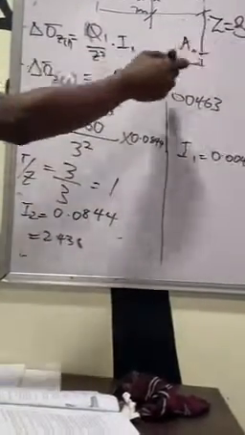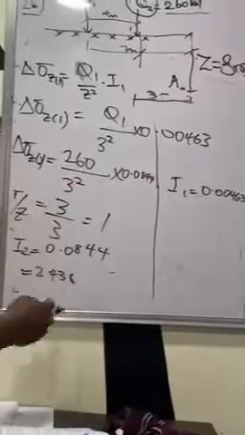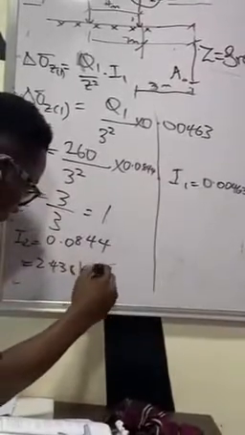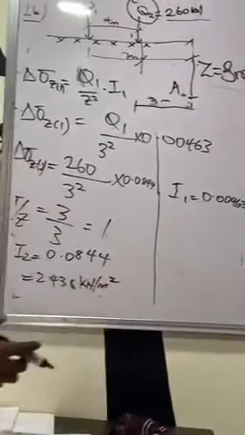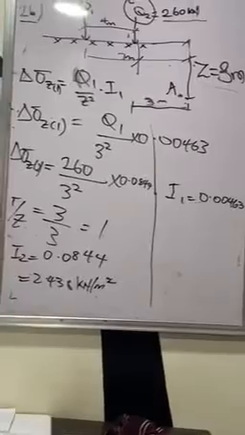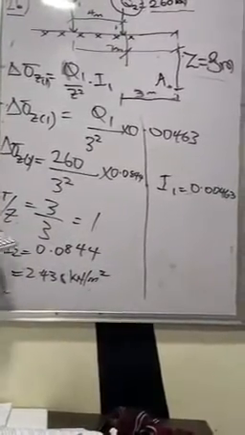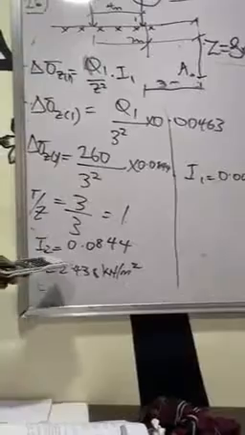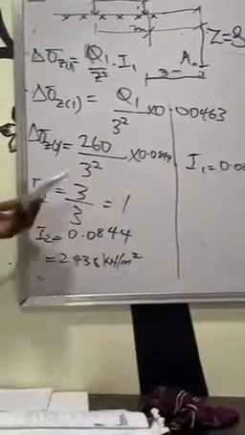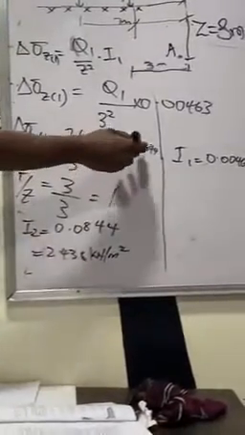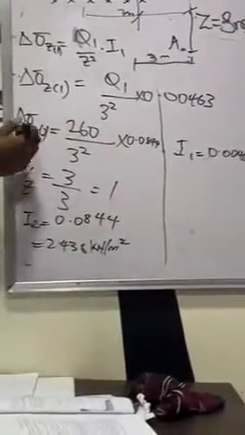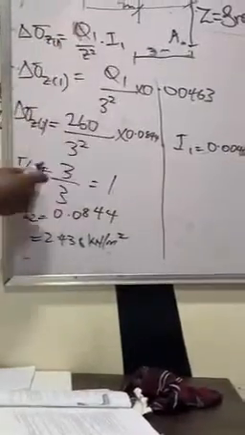Depth is in meters squared. Kilonewton divided by meter squared is kilonewton per meter squared. It's that simple. R over Z, got 1, check the influence factor dependent on R over Z. You get I2 to be 0.0844. You do the arithmetic calculation here, and you get your change in stress for the second force to be equal to this.